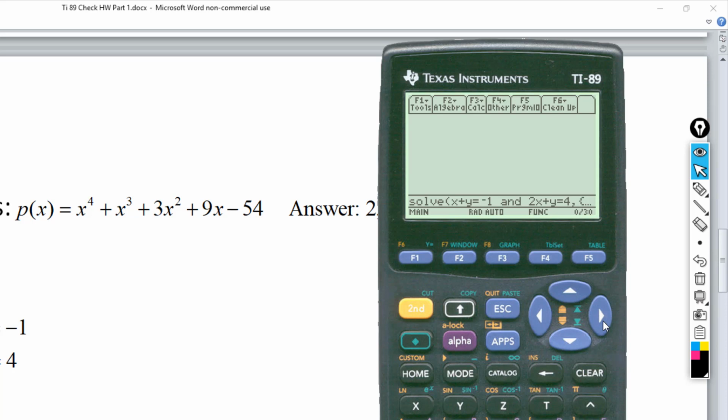I got x plus y is equal to 4. Everything else is going to be the same. Hit enter. So it gives me false. Okay. So that means it has no solution. The lines in this case do not intersect.